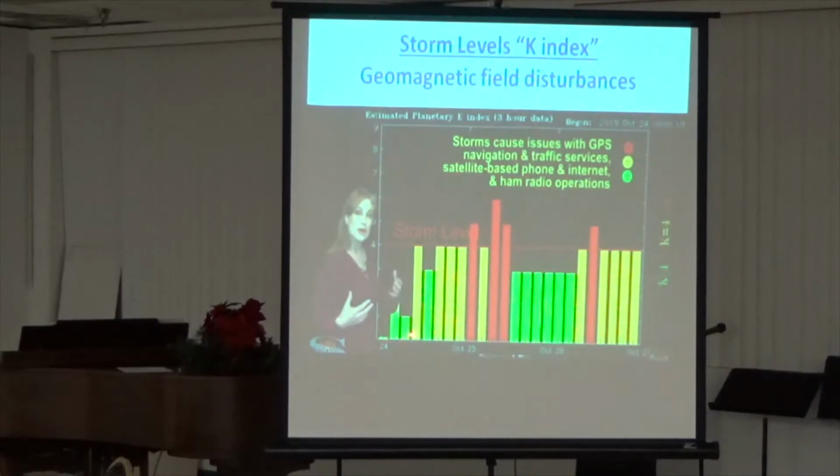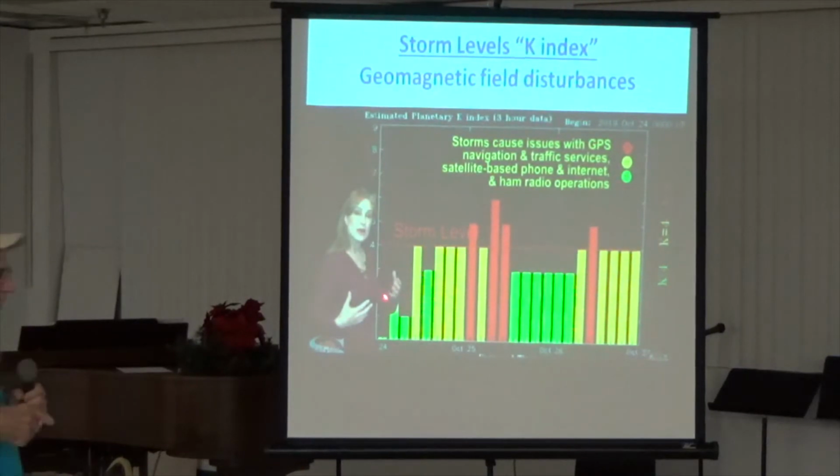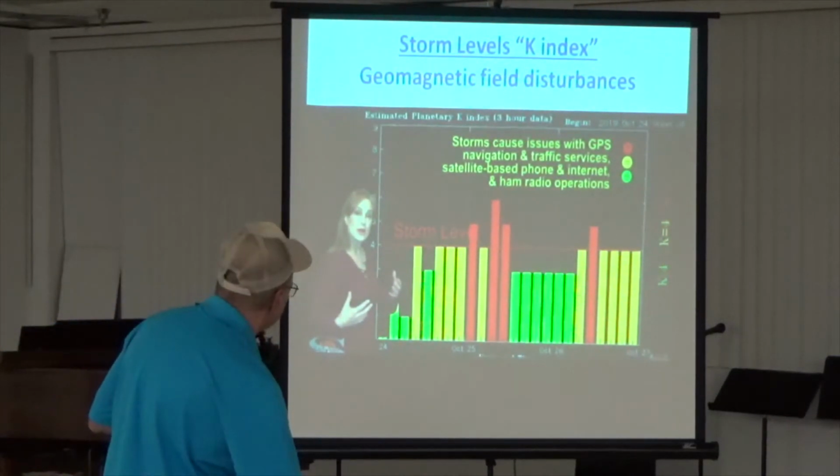It just blocks it all out. We get D layer ionization every day on the sun side of the Earth because of the little bit of UV that's coming in. It ionizes the D layer, the lower layer, and that prohibits 80 meter, 160 meter operation. You don't get anything going up to the ionosphere on those frequencies at that point.